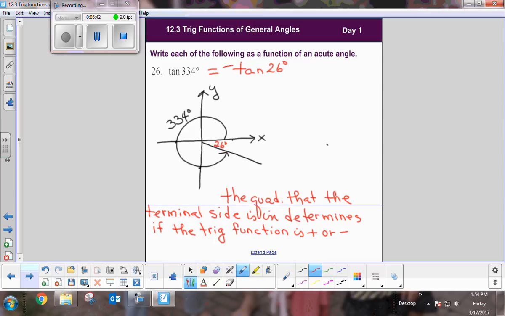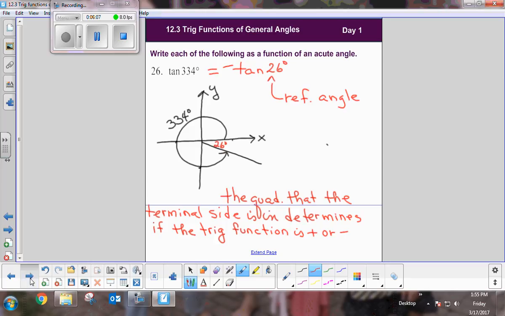And of course, we know that because of what we just did. Okay, all students take calculus. This right here is always the reference angle. So to answer the question, write each of the following as a function of an acute angle. It's plus or minus, depending on which quadrant it's in, the same trig ratio, and then the reference angle.